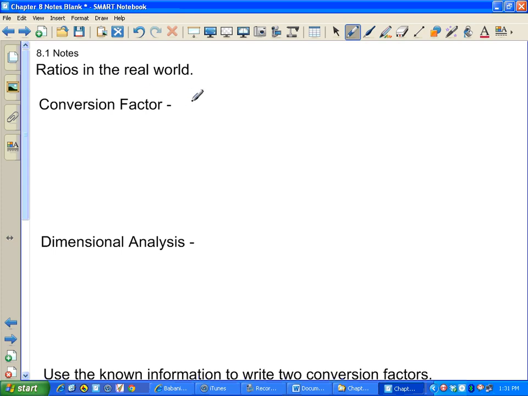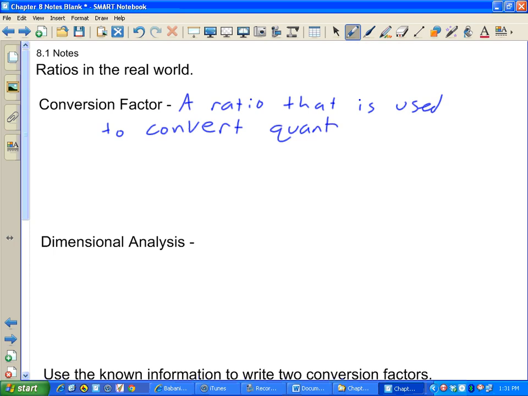A conversion factor is a ratio that is used to convert quantities from one unit to another.